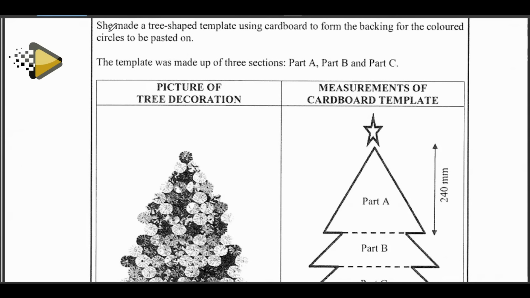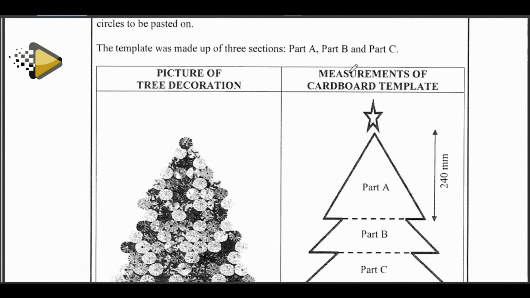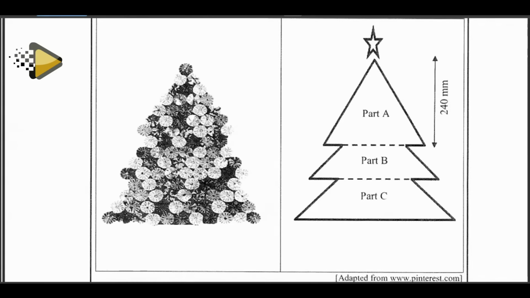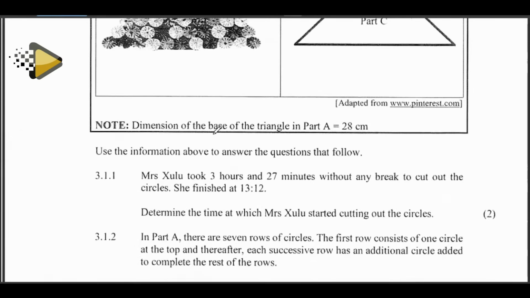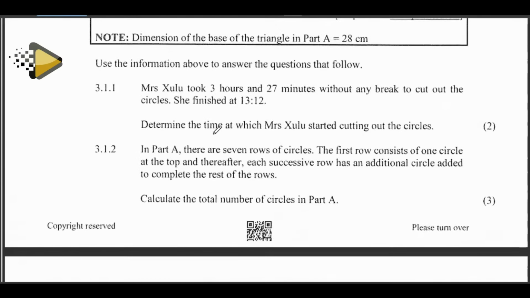Then she made a tree-shaped template using cardboard foam, the backing for the colored circles to be pasted on. The template was made up of 3 sections, part A, B, and C. We look at it like that. And the questions come in here.